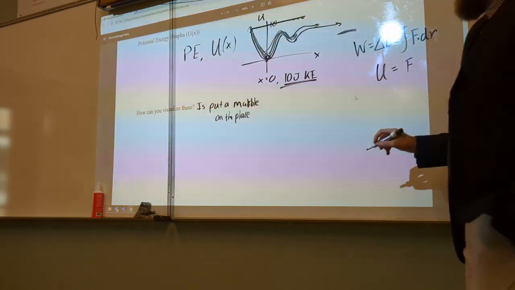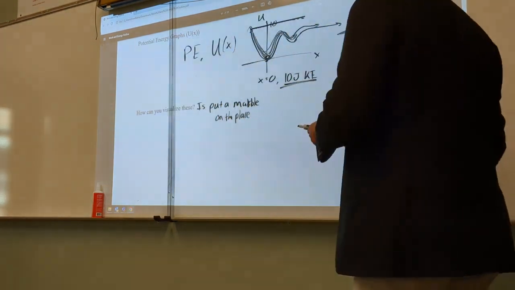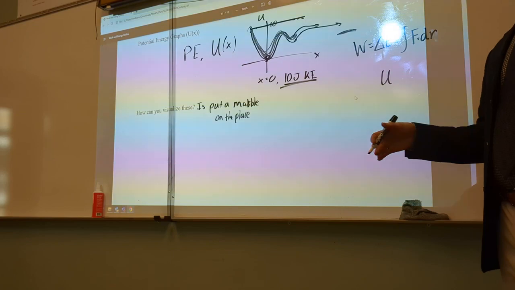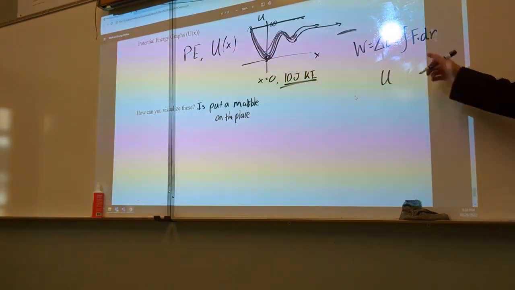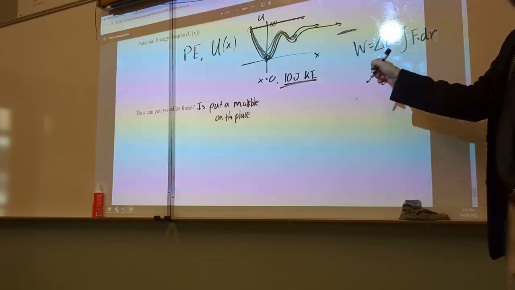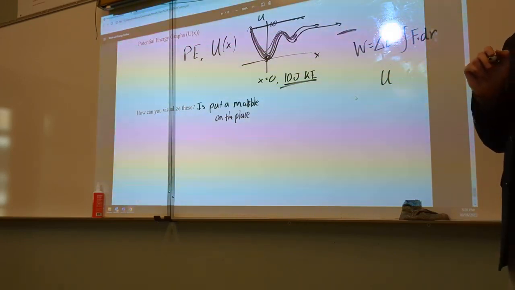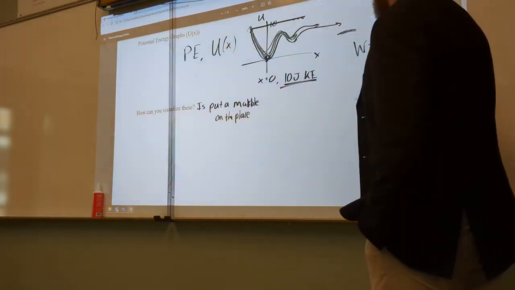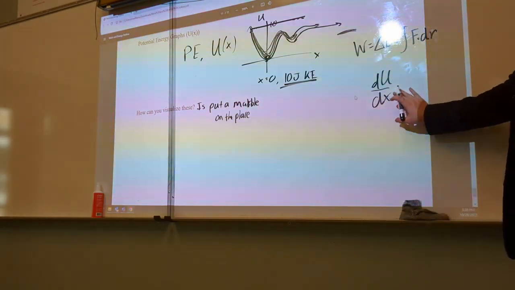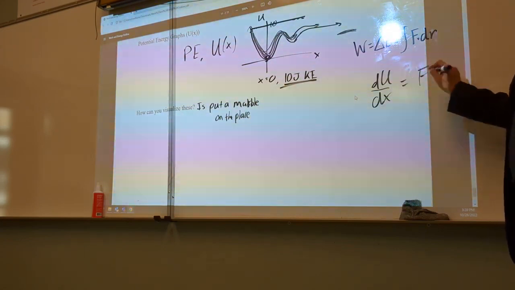But sometimes they'll give you the potential energy and they'll want you to find the force. So if you need to take an integral of force to get the energy, what do you need to take of energy to get the force? Hopefully you figured out that it is the derivative. If we take the derivative of the energy, we actually get the force.